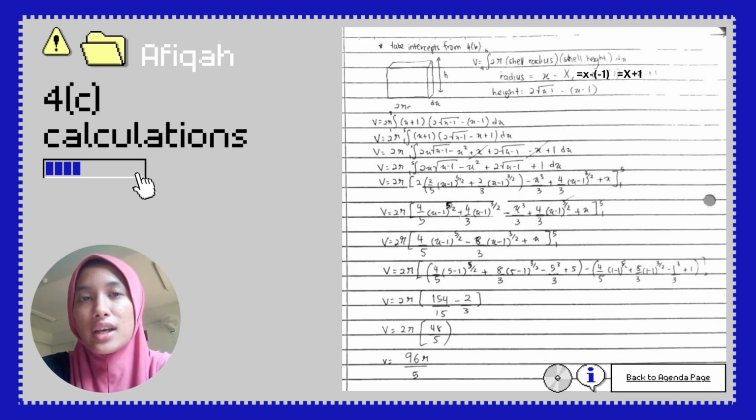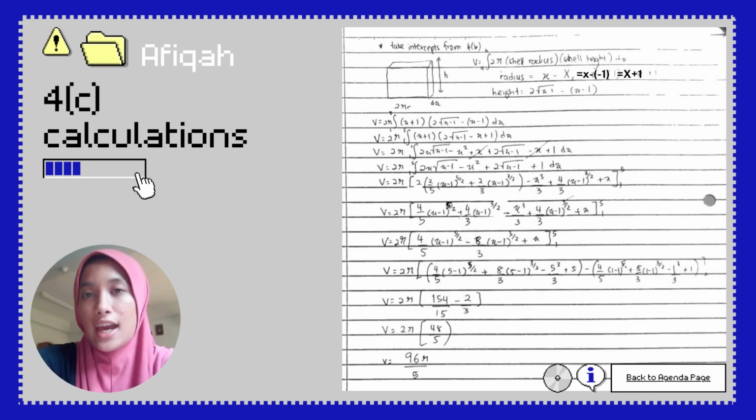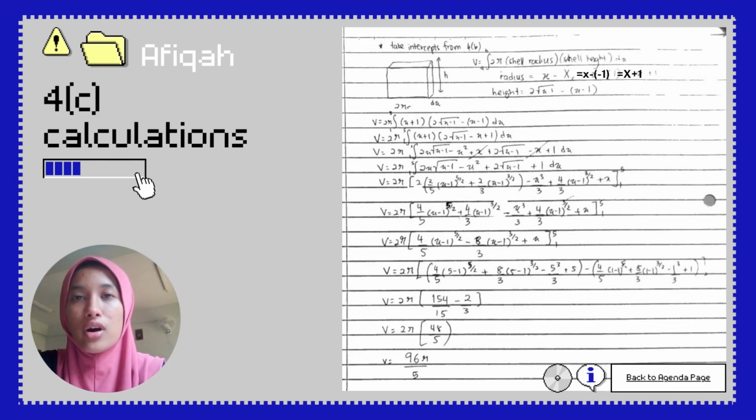V equals 2 pi times ((4 over 5 times (5 minus 1) to the power of 5 over 2 plus 8 over 3 (5 minus 1) to the power of 3 over 2 minus 5 cubed over 3 plus 1), minus (4 over 5 (1 minus 1) to the power of 5 over 2 plus 8 over 3 (1 minus 1) to the power of 3 over 2 minus 1 cubed over 3 plus 1)).